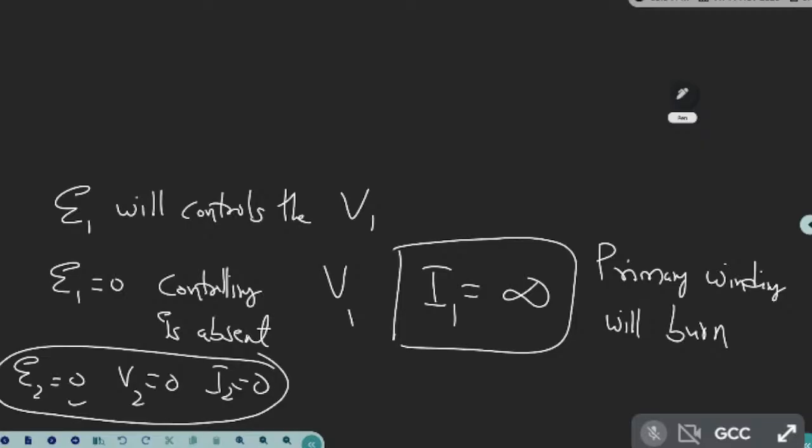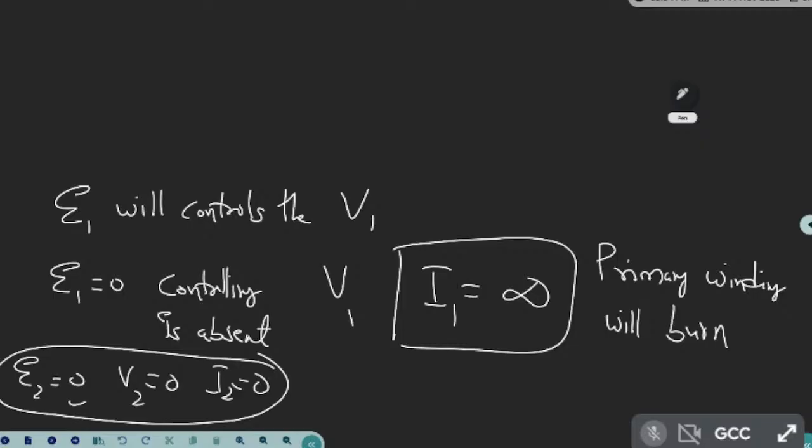This is the justification answer. Because there is no controlling of E1. Why? Because E1 is absent. Why is E1 absent? There is no induced EMF. What is the principle? d phi by dt is equal to E. EMF is induced in a DC generator or AC generator if flux varies with respect to time.